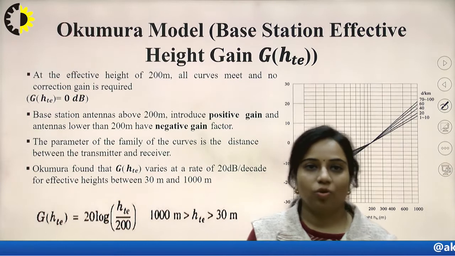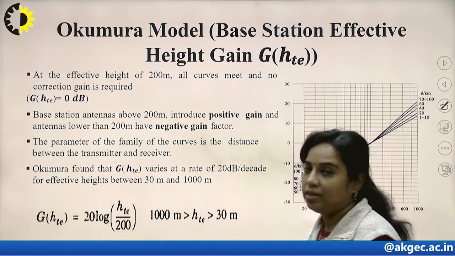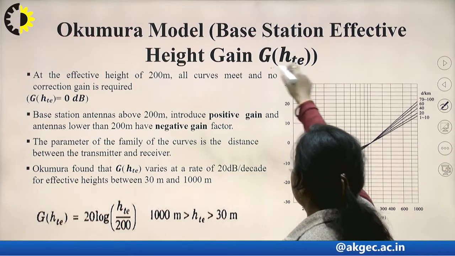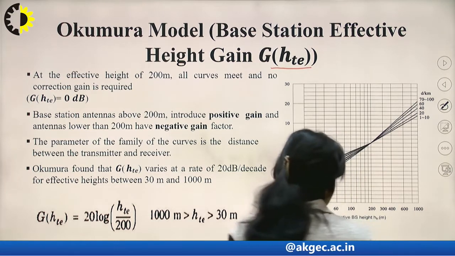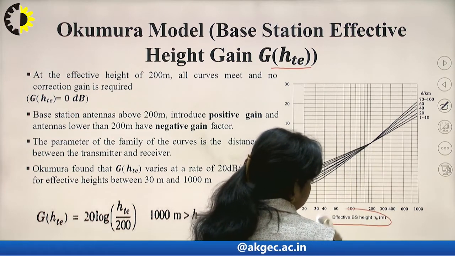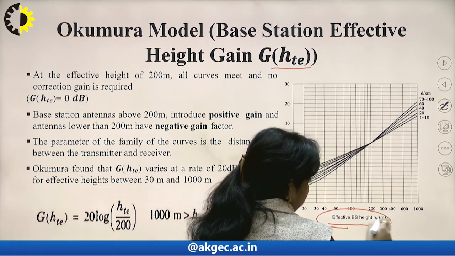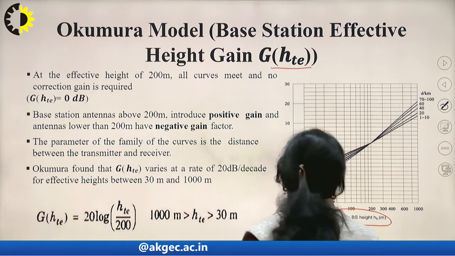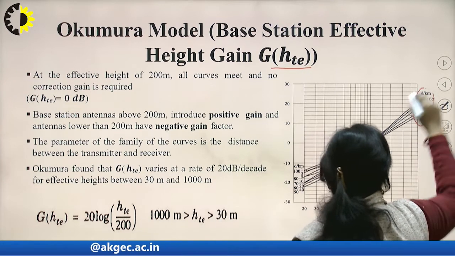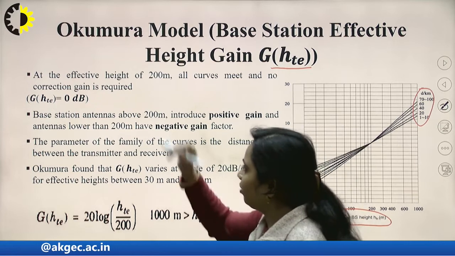Now next is the Okumura model base station effective height gain, that is GHTE. You can see this is the effective base station height, HB, expressed in meters, and D is the variable in kilometers.